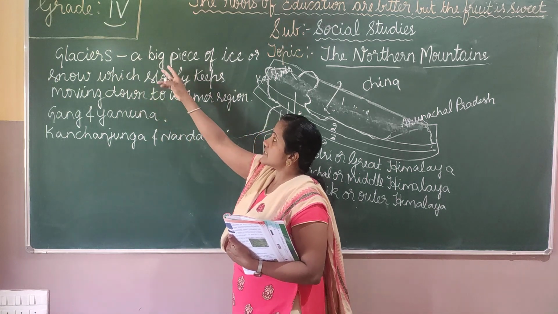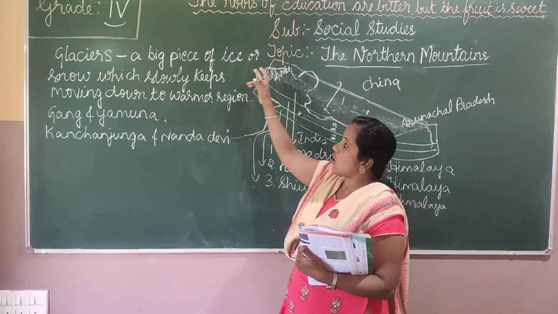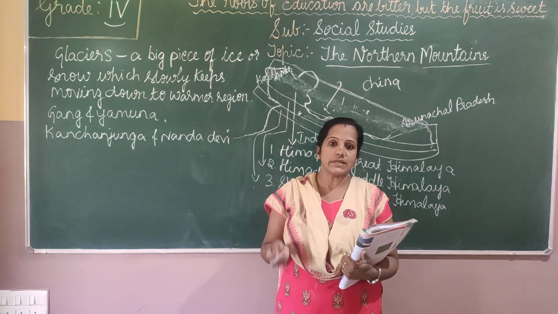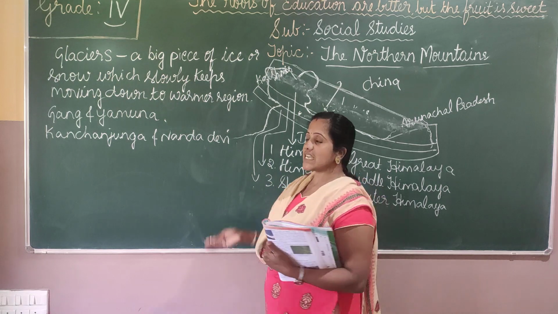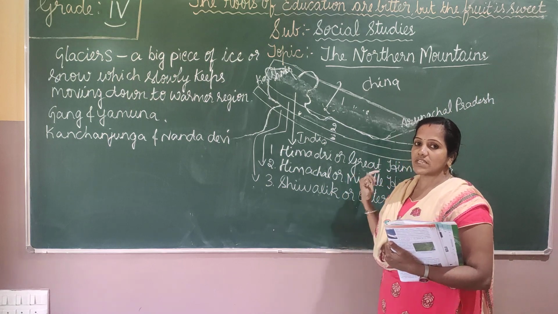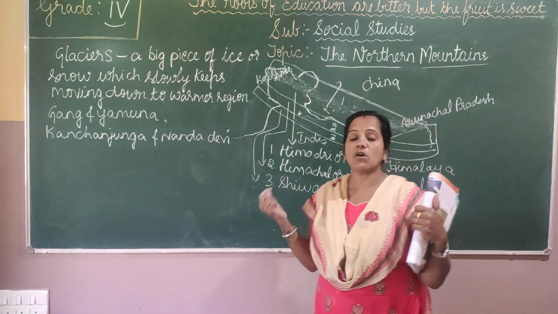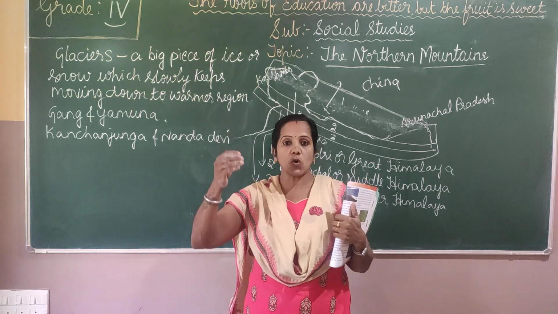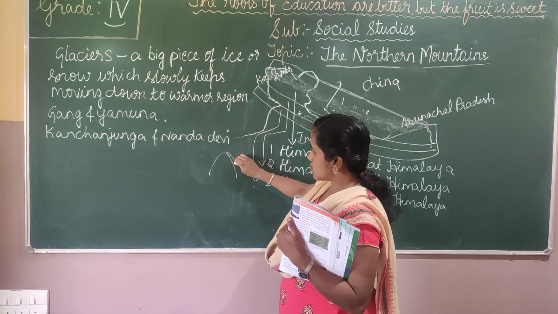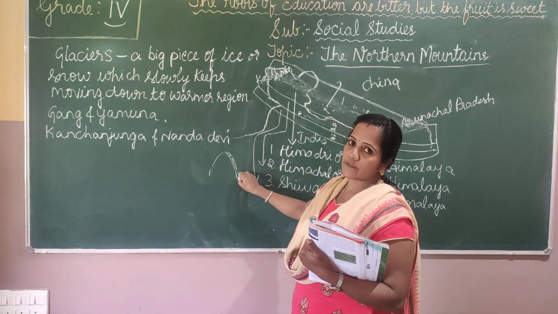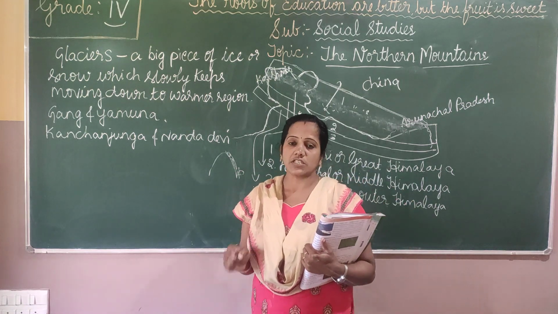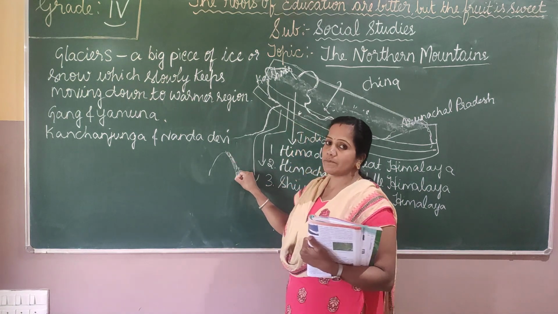A glacier is a big piece of ice or snow which slowly keeps moving down to a warmer region.